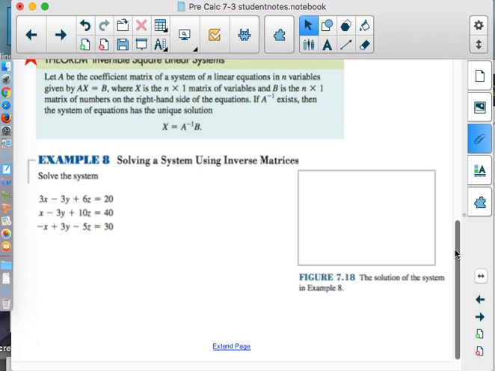Can we push this one in real fast? Let's see. So let's get our matrix in, and actually our two matrices. I better write those down.